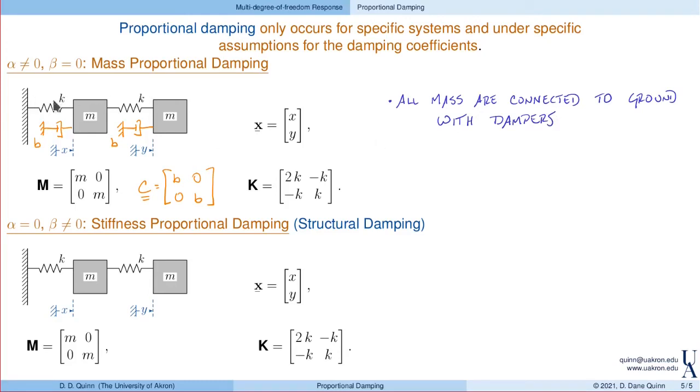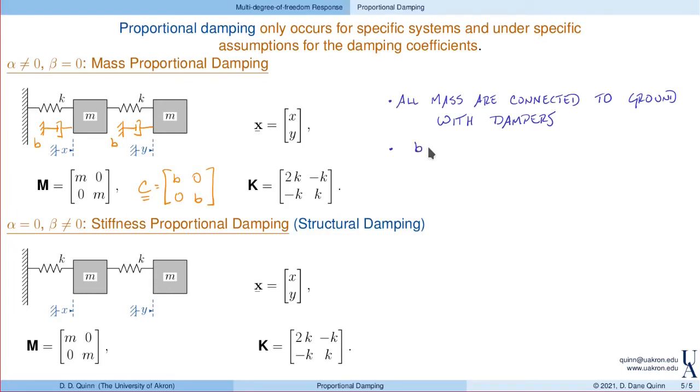And it doesn't matter what's going on with the springs in the stiffness terms. The other requirement here is that we have a constant ratio between each B and the masses that connect these to the ground.